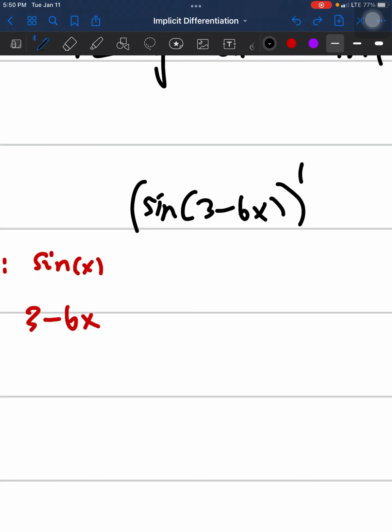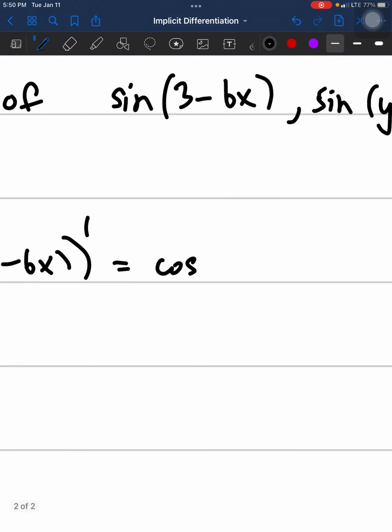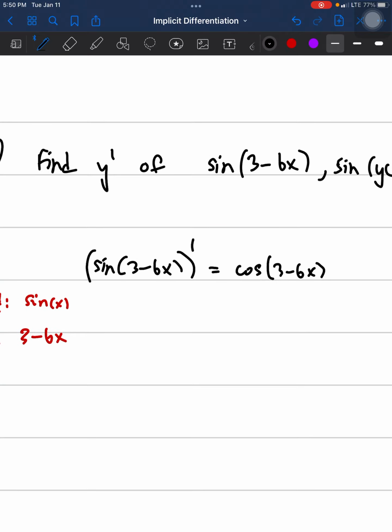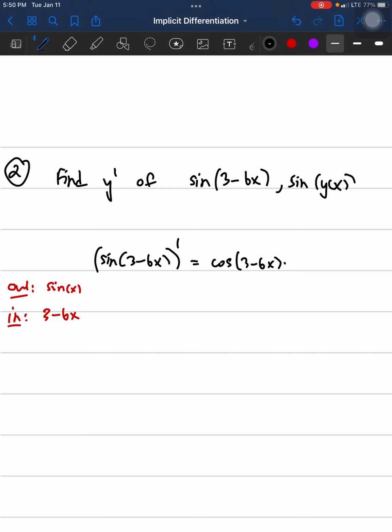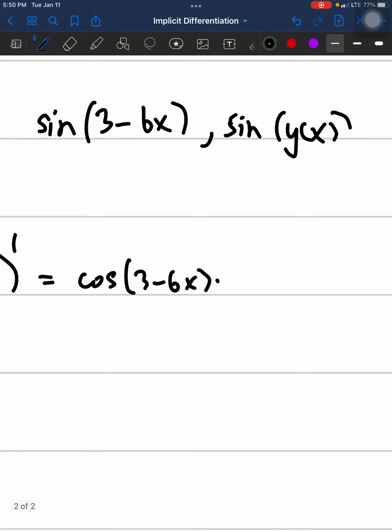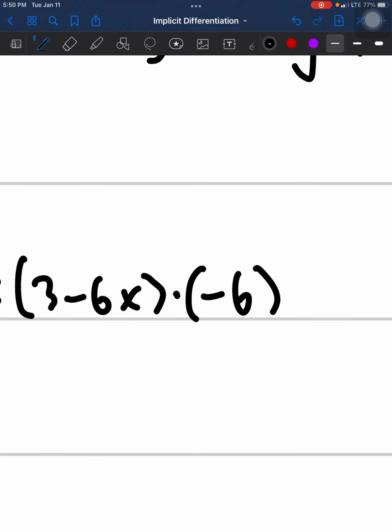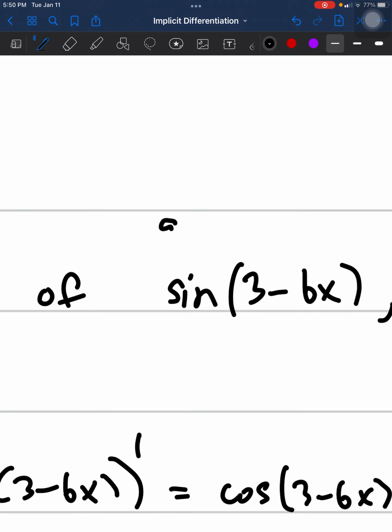For the outside function, we get cosine of 3 minus 6x. We keep the inside function in there, and then we multiply this by the derivative of the inside function, and the derivative of 3 minus 6x is just negative 6.